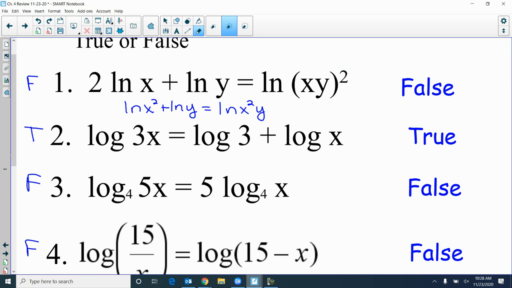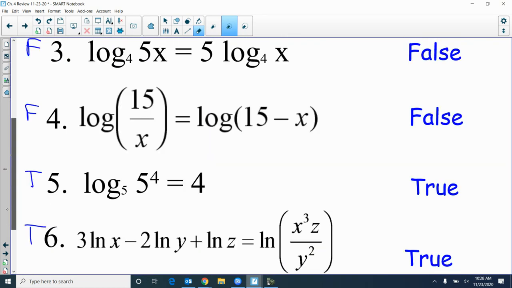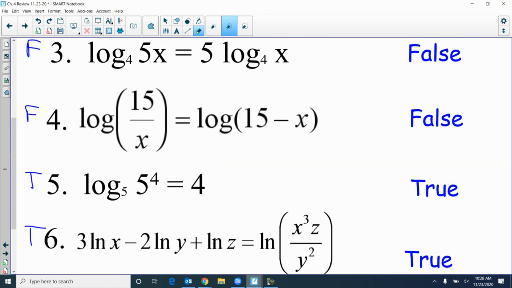Can you do 4? All right, this one here, you got to remember the rule, which is that when you have a division, the log of m over n equals the log of m minus the log of n.